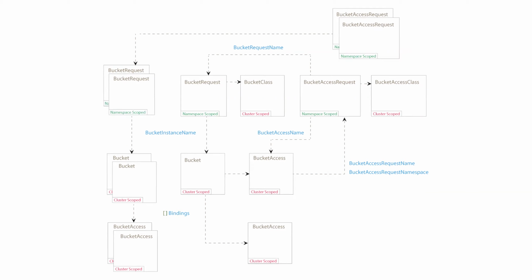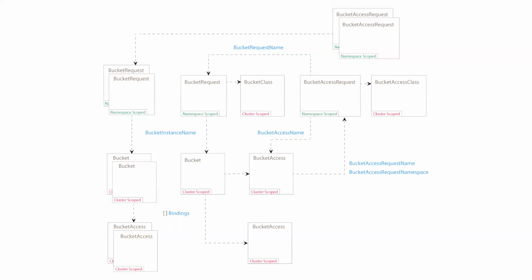And for cases where the bucket needs to be shared across namespaces, the plan was to create a copy of the bucket for the namespace that wants it, and have the user create a bucket request pointing to that bucket, and then utilize the bucket by pointing the bucket access request to the bucket request. So this is where we ended up.